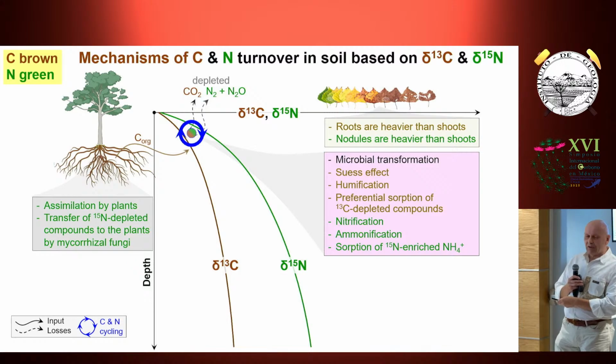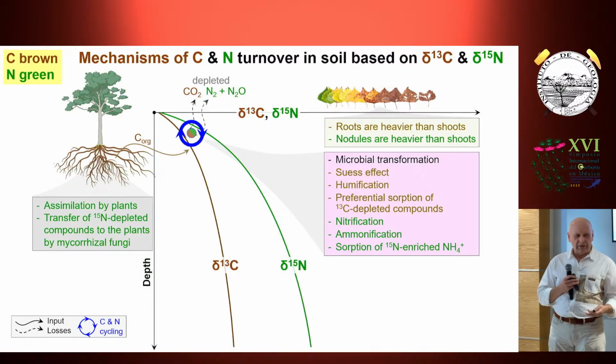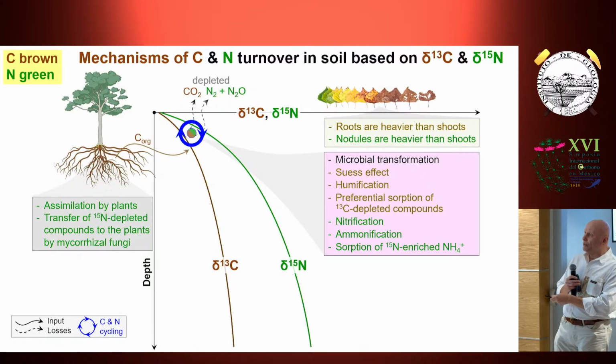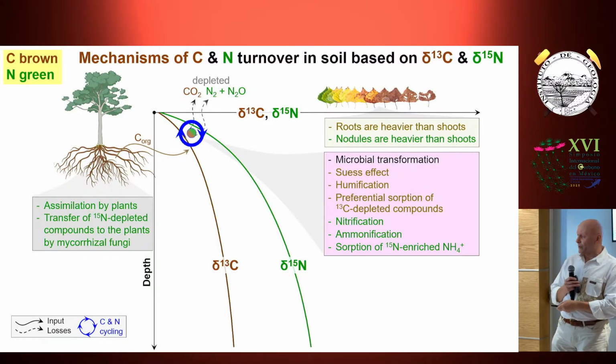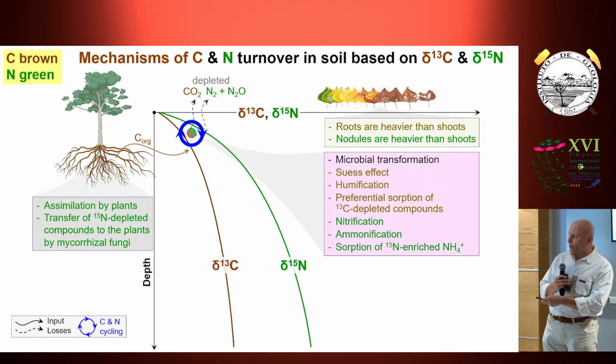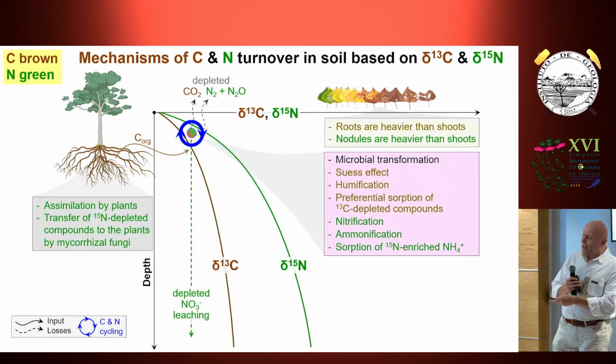The processes of humification and stabilization of organic matter on clay minerals also contribute to the heavier isotopic composition, because certain 13C-depleted compounds will be preferentially absorbed. Nitrification, ammonification, and sorption of 15N-enriched ammonia also contribute to the discrimination of this line.